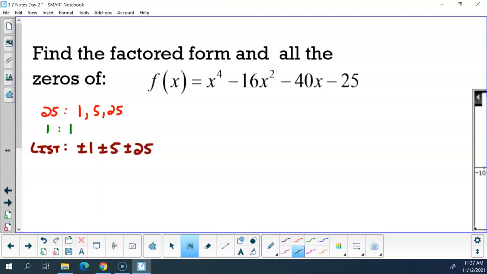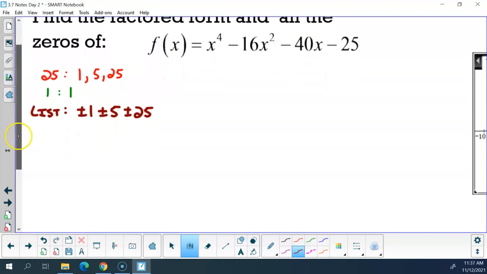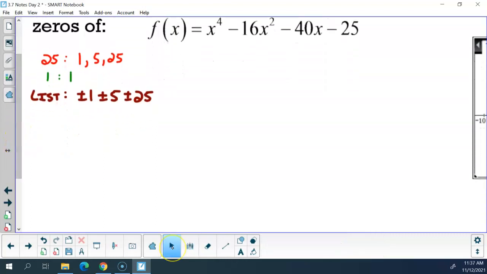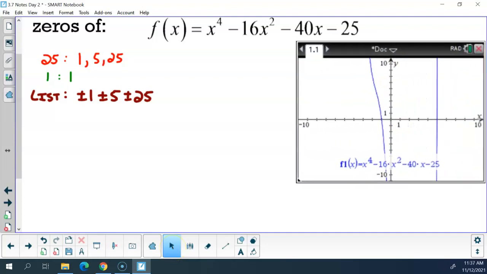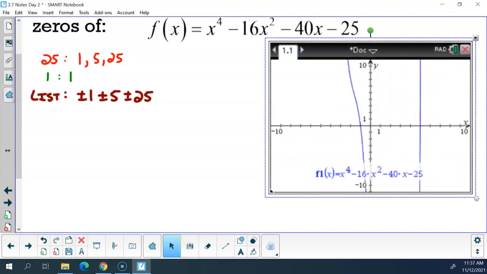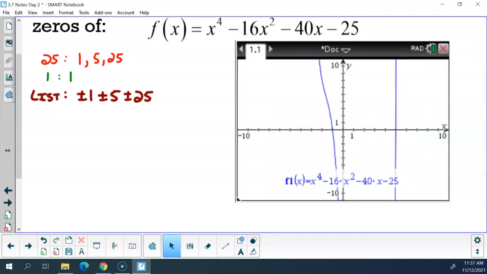So then we put it on the Desmos, first 0 to 5. What do we got for zeros? 5 and negative 1. So it works, because we have zeros.